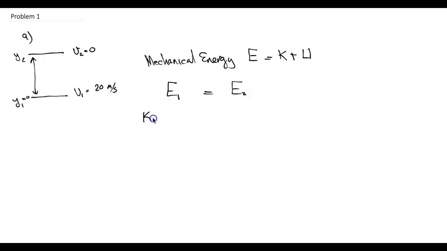So this is the kinetic energy at 1 plus the potential energy at 1, and this has to equal kinetic energy at 2 plus the potential energy at 2.